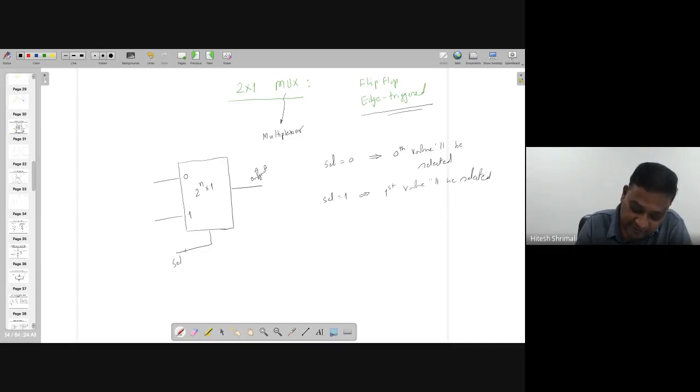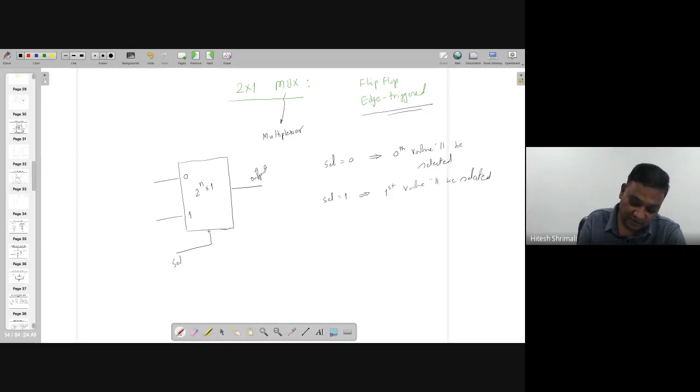So if select equal to 0 and at the 0th position 0 volt is there, let's say, let's connect it like this, then the output is 0. And select equal to 1, if it is connected to VDD, VDD is going to be connected. So it depends on what value you are connecting here, that decides this value, right?